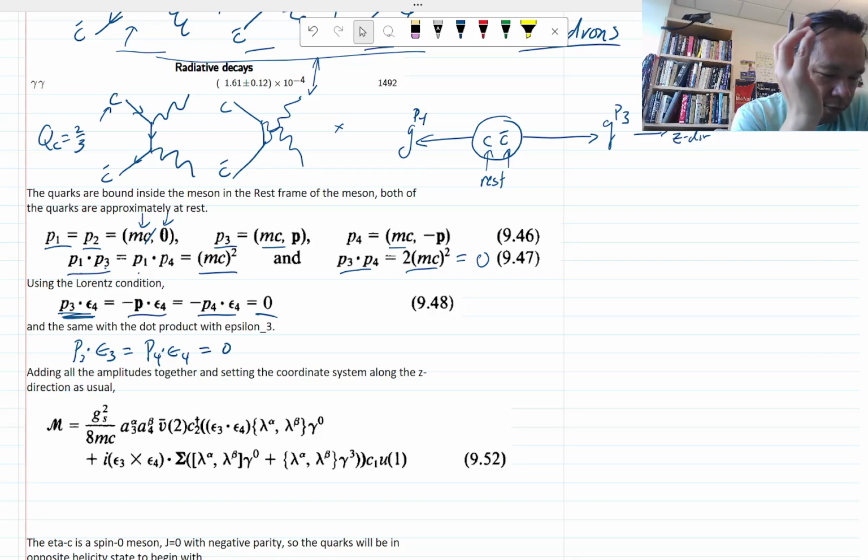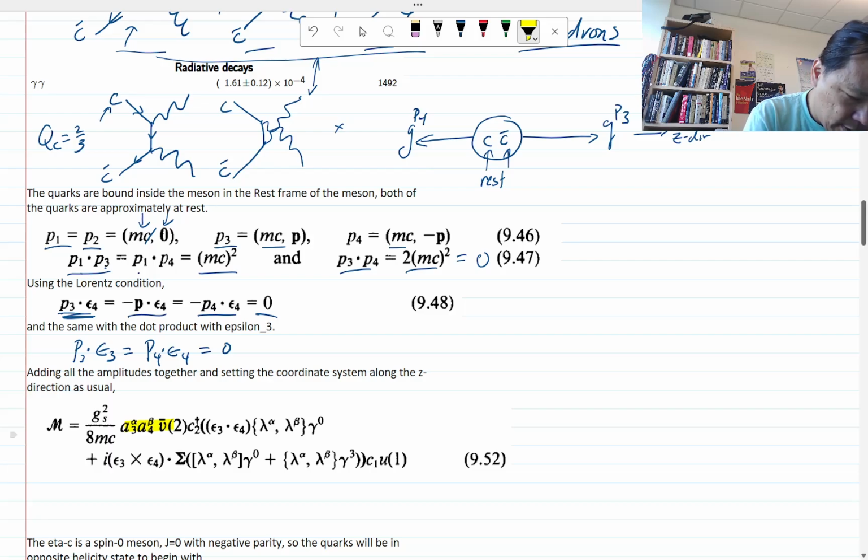The only difference is that the strong version is going to have this additional color factor, which is this stuff here. Let me try to highlight this. These A's have to do with the color of the gluons. These C's have to do with the color of the quarks. These Gell-Mann matrices are the things you connect the different colors together. You have this over here. This is just a summation sign. And then you also have the color part down here.